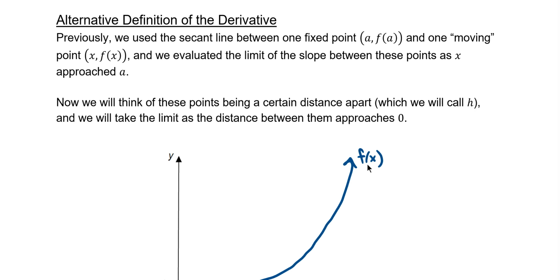Okay, so now for this next little formula that we're going to create, this is going to be called the alternative definition of the derivative. We're actually going to be doing almost the exact same thing, but instead of thinking of it as x, f of x getting closer to a, f of a, we're going to be thinking about it as a distance between the 2 points going to 0.